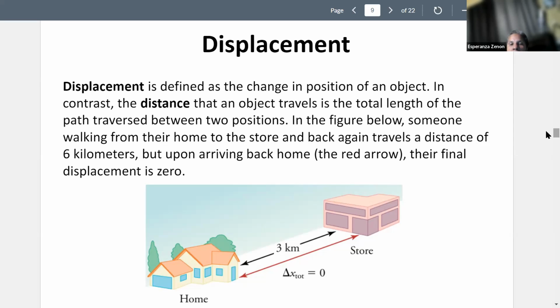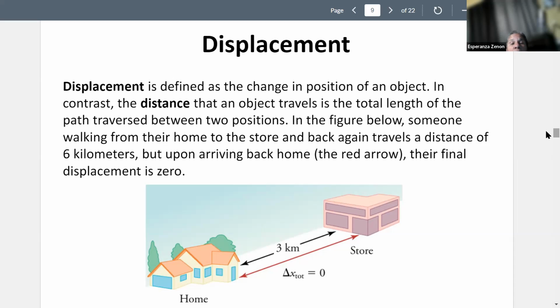Displacement, on the other hand, is a little bit different, because if you go from home to the store and back, then your start and your finish are at the same place. If you stop where you started, then your displacement is 0 because your change in position is 0.